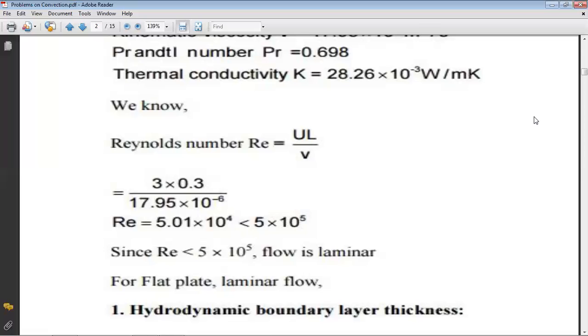Now we can say that the flow is laminar. And from the description of the problem, one can say that it is an external flow because air is flowing over the plate.